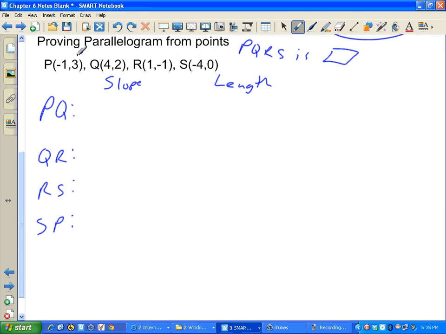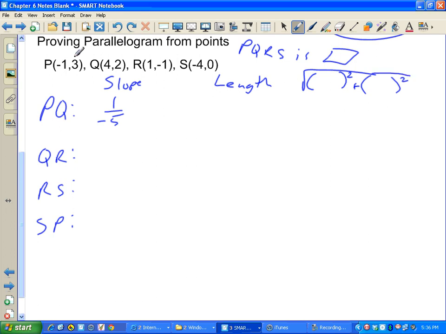So slope of PQ, I'm going to subtract my y, so 3 minus 2 is 1. Negative 1 minus 4 is negative 5. For the distance, we can use the distance formula, which means I'm going to subtract my x values, square it, and add it to the difference of my y values squared.